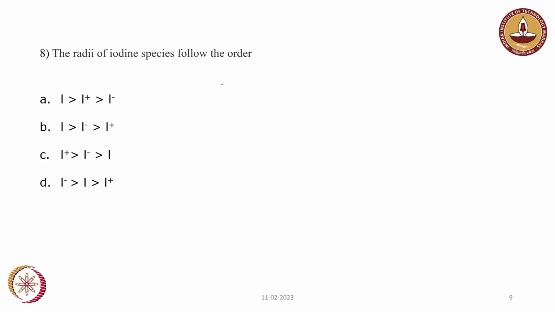When an element becomes an anion, that is when we add an electron to I, it becomes I minus, that is an anion. When an element becomes its anion, its effective nuclear charge is lower than that of the original atom.